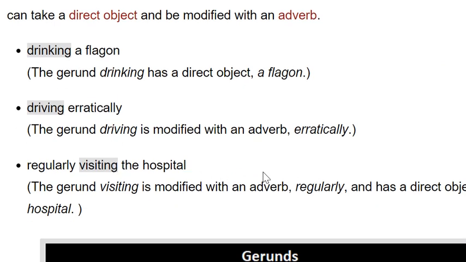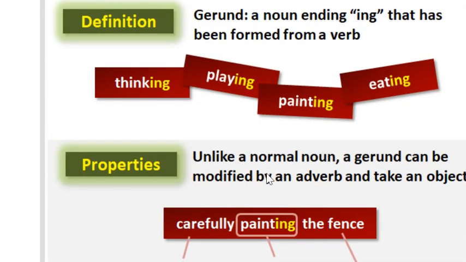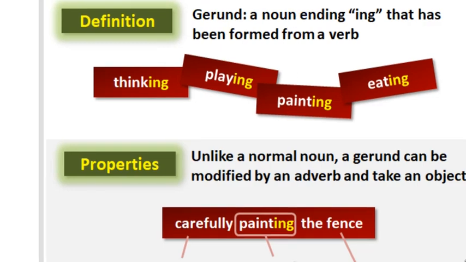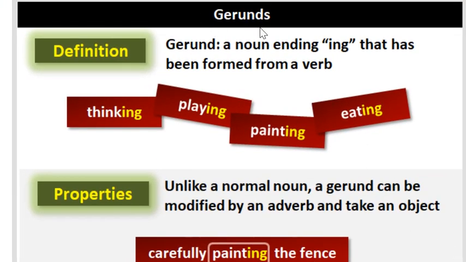Okay, this is more explanation. Gerund definition: a gerund is a noun ending in ing that has been formed from a verb. Examples: thinking, playing, hunting, eating.